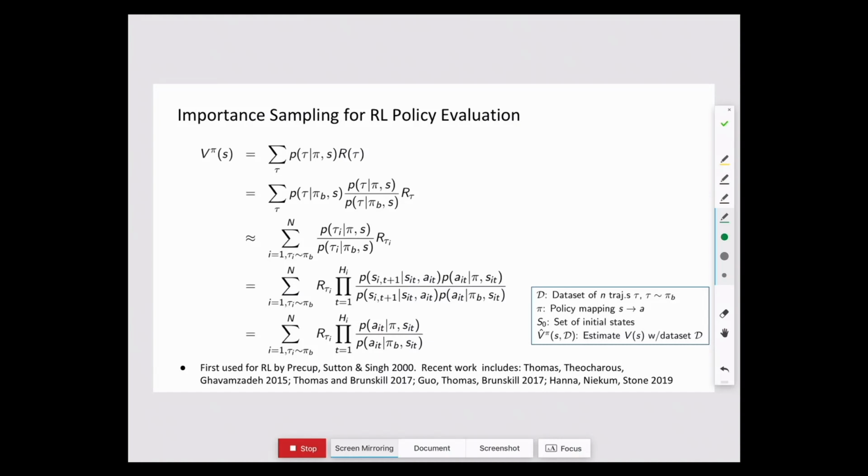So people have been thinking about this a lot, particularly with this challenge of high variance, but unbiased. So this is a consistent estimator. Asymptotically, it will always converge to the right thing. But in general, as we proved, and I'm sure other people have too, the variance can be exponential in the horizon, which is bad, particularly for long decision-making cases.